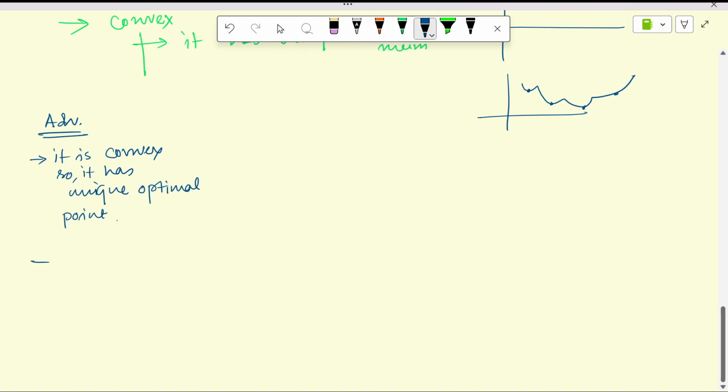Second, as you can see, it's differentiable. So for that reason, we can use gradient descent to optimize it.